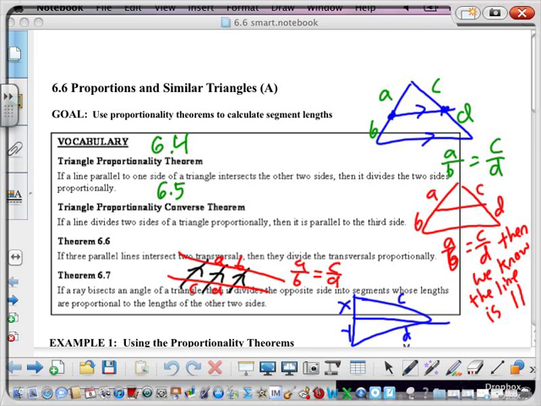So those sides are proportional to those sides. So that would be X, oh dear.